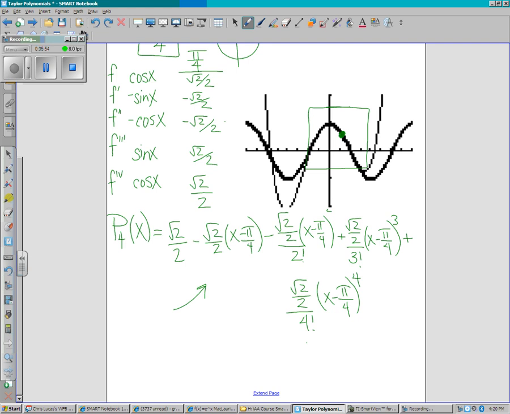So yeah, your calculators are programmed with the Taylor polynomials rather than with all these interesting values of cosine and sine and e to the x and so on. I think it's cool.